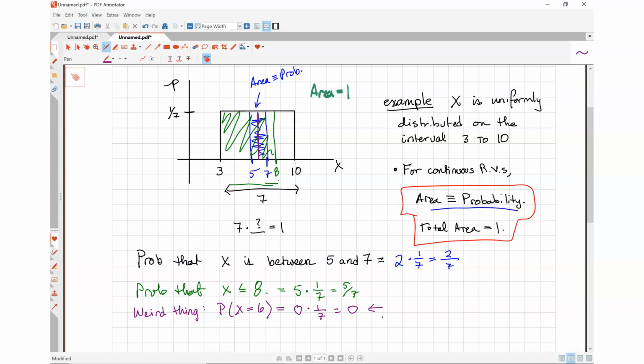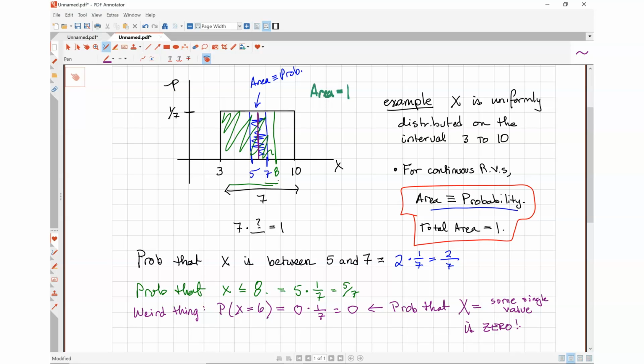And that's true of any single number. The probability that the value of this random variable, after this experiment or whatever kind of thing we're doing, turns out to be any particular value is always 0.